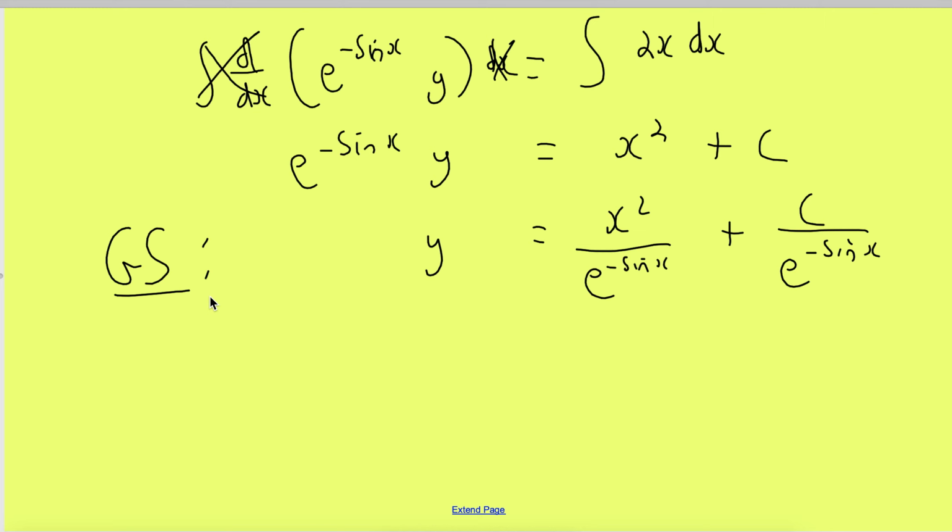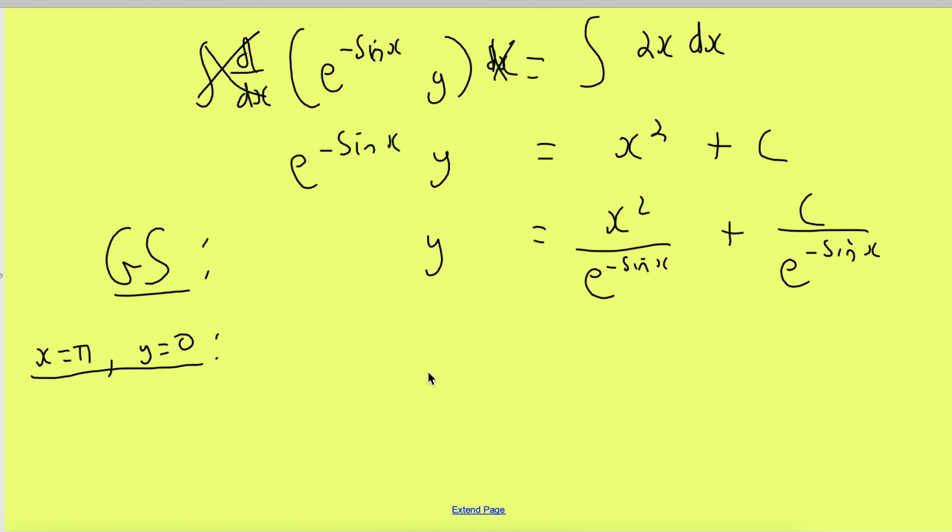So it's not actually anywhere near as bad as it looked. When I first saw it, I thought, oh, that's horrible, but it's not too bad. Same steps, we get a fairly straightforward solution. Right, but it's the particular solution I wanted. So when x equals pi, y equals 0, that's my initial condition.